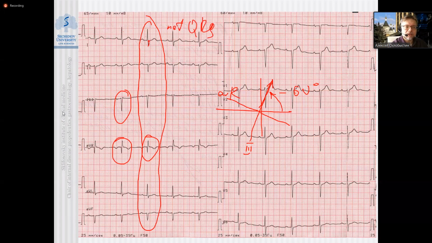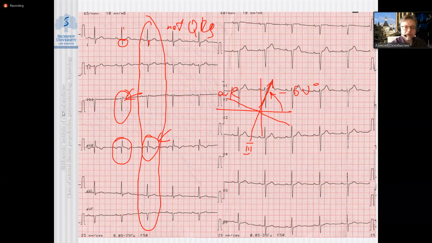In first standard lead, R is quite tall, but we need to subtract negative S. Good. So I think it's not quite complicated. Finding out where will be the equiphasic complex, where will be the tallest complex, will help you to understand to which axis the angle alpha, the vector of the heart, will coincide, to which it will be perpendicular.